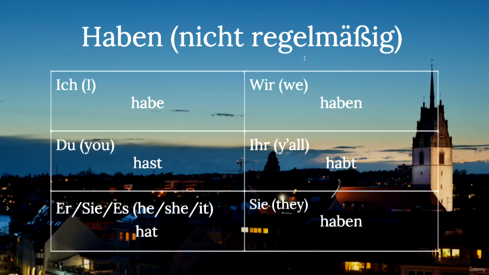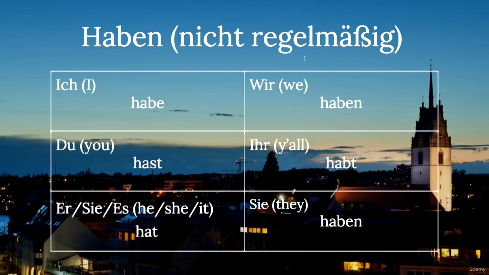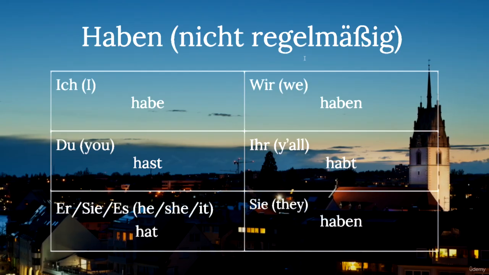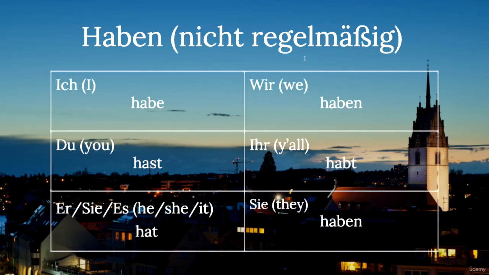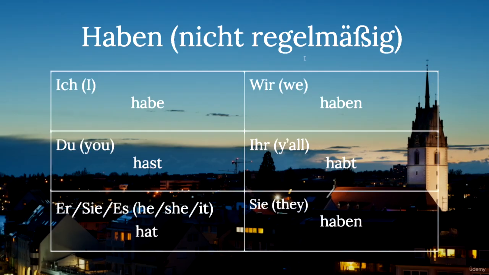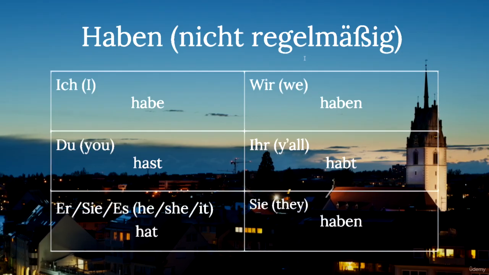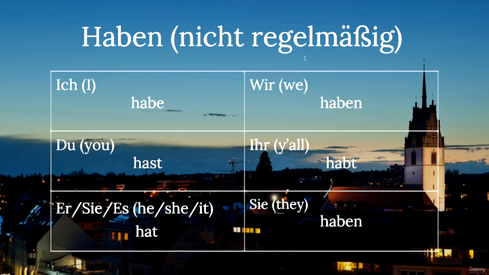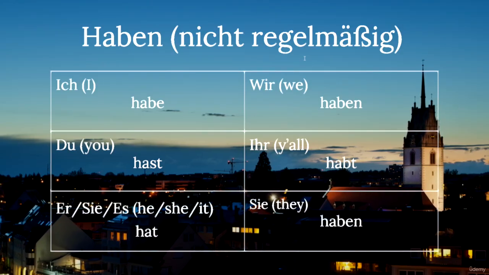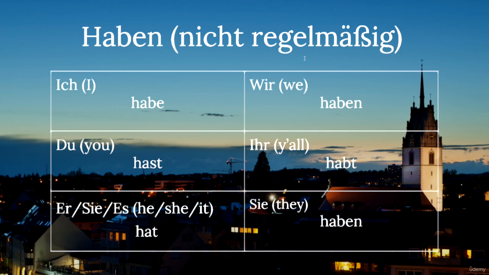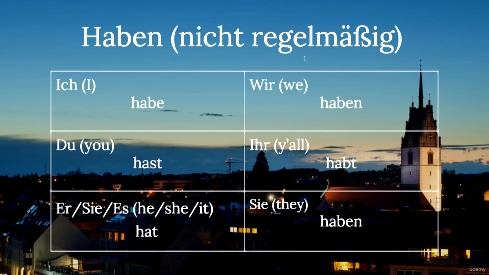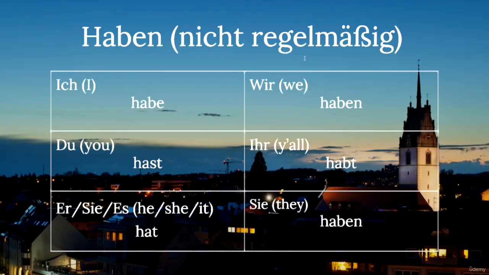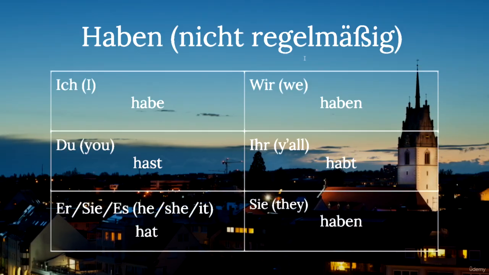Ihr habt. Sie haben. As you can see, the only change you have to make is with du and er, sie, es. Other than that, everything stays the same, just like we learned from our last lesson.